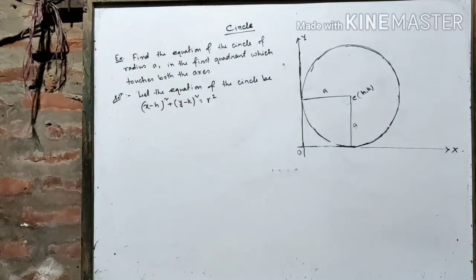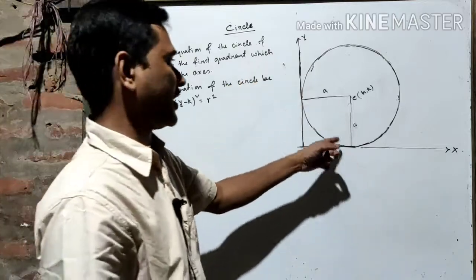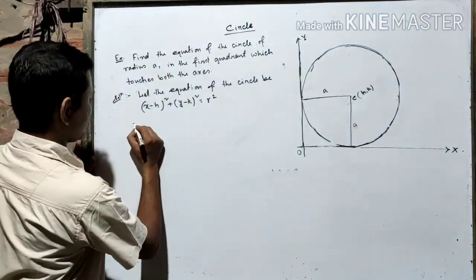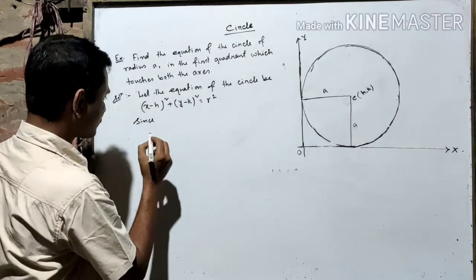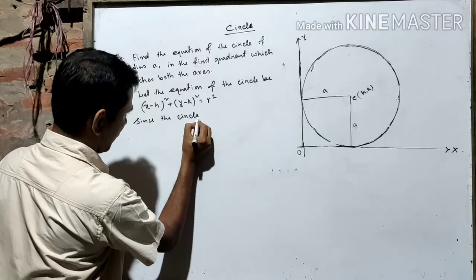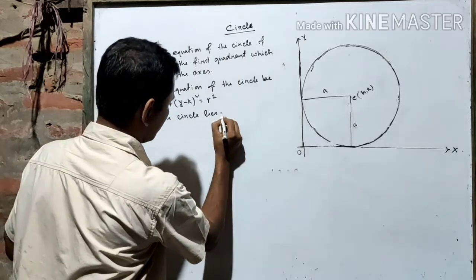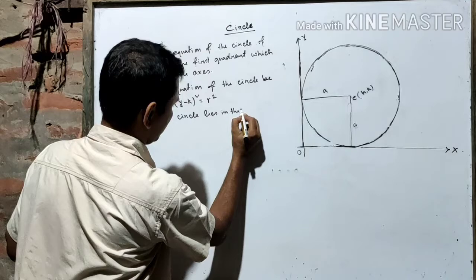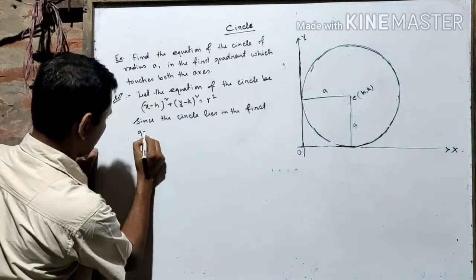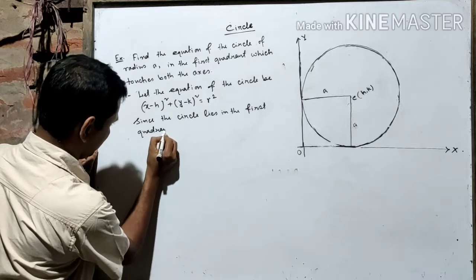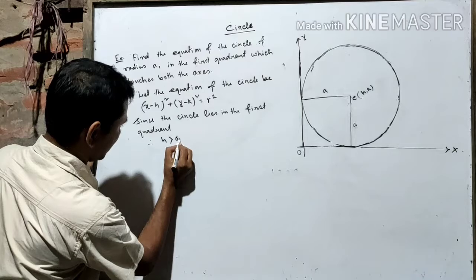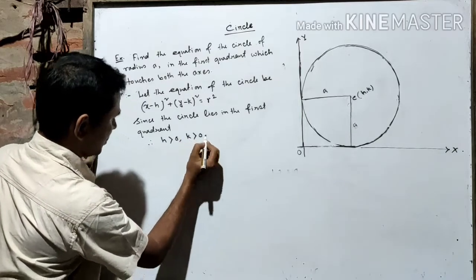Okay. Now the circle lies in the first quadrant, so h and k have positive values. Since the circle lies in the first quadrant, therefore h is greater than 0, k is greater than 0.